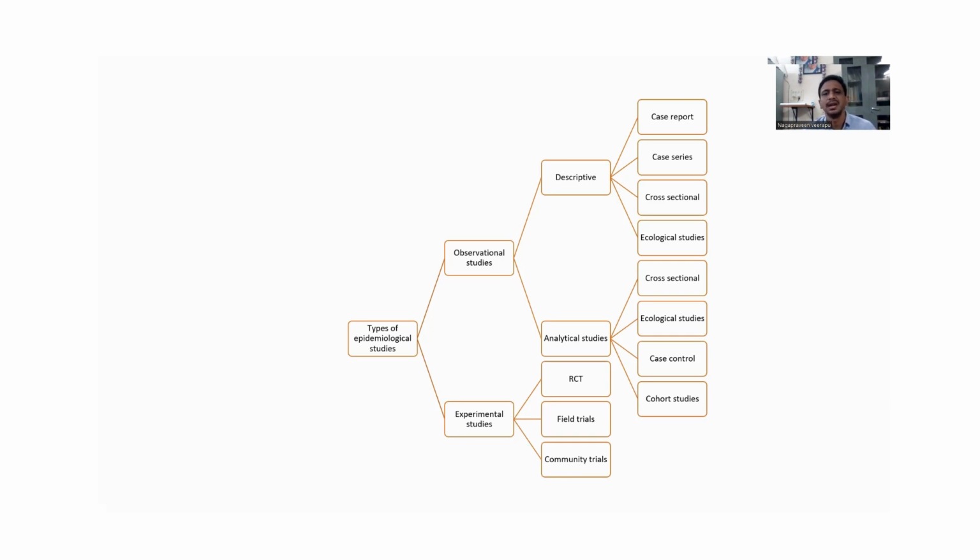Observational studies are again divided into descriptive and analytical studies. Descriptive studies are divided into case report, case series, cross-sectional, and ecological studies. Analytical studies are divided into cross-sectional, ecological studies, case control, and cohort studies.